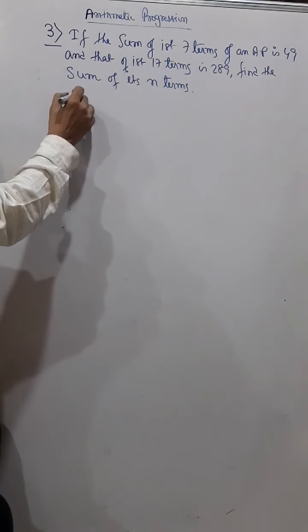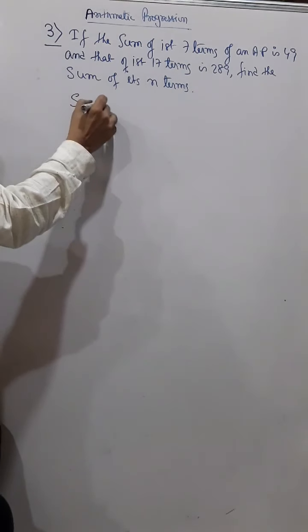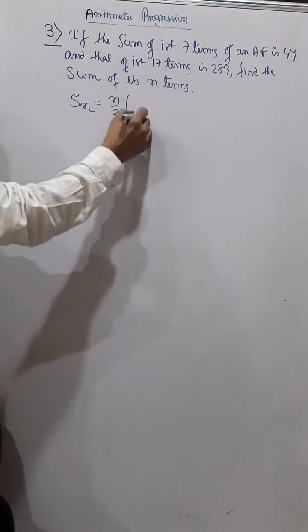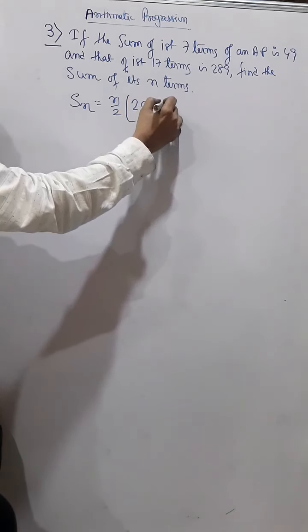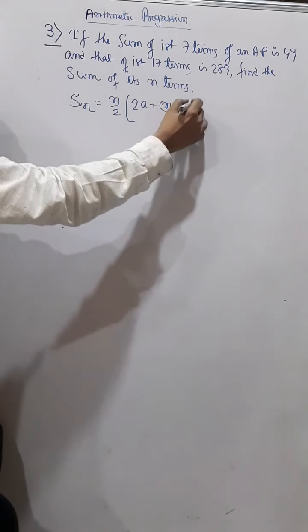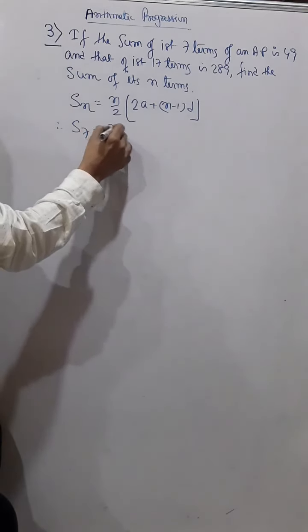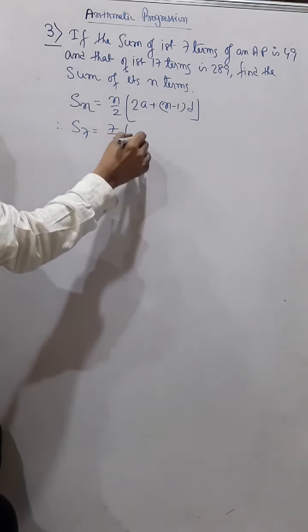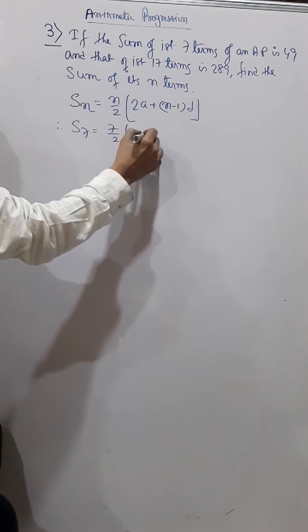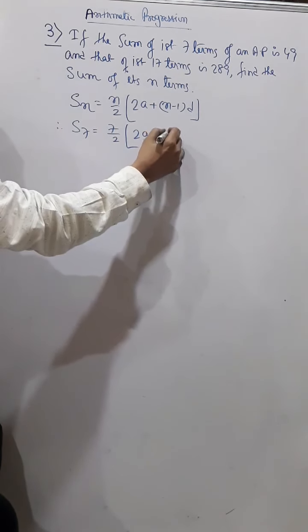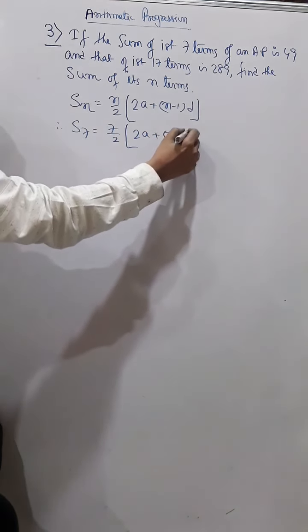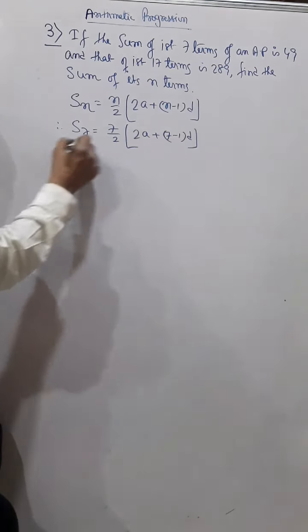Now they told the sum of the first 7 terms. The sum of n terms is n by 2 into (2a plus (n minus 1) into d), and therefore the sum of 7 terms will be 7 by 2 into (2a plus 7 minus 1 into d).